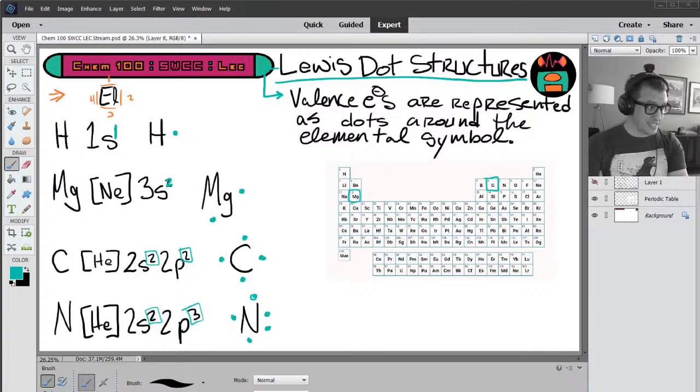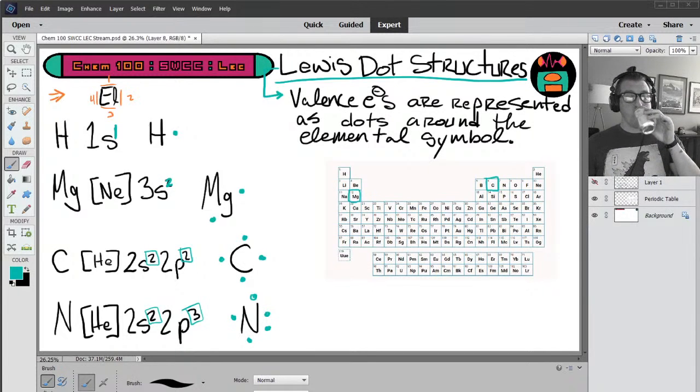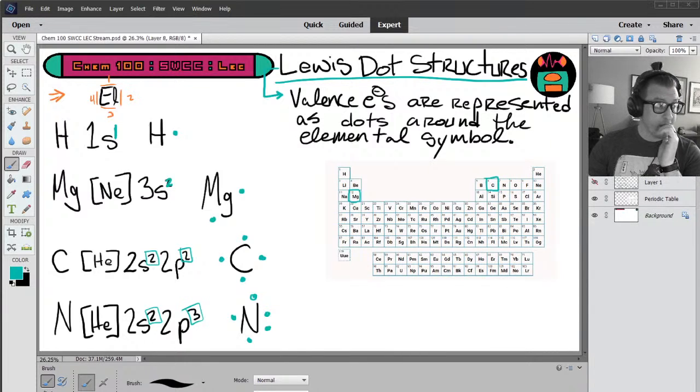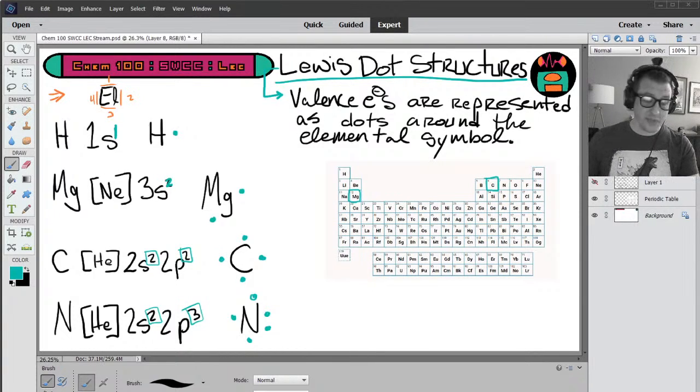You'll be able to select the correct electron configuration, so you don't have to worry about how to type this. You'll just need to identify which one is correct. Yeah, totally, it'll save you time.